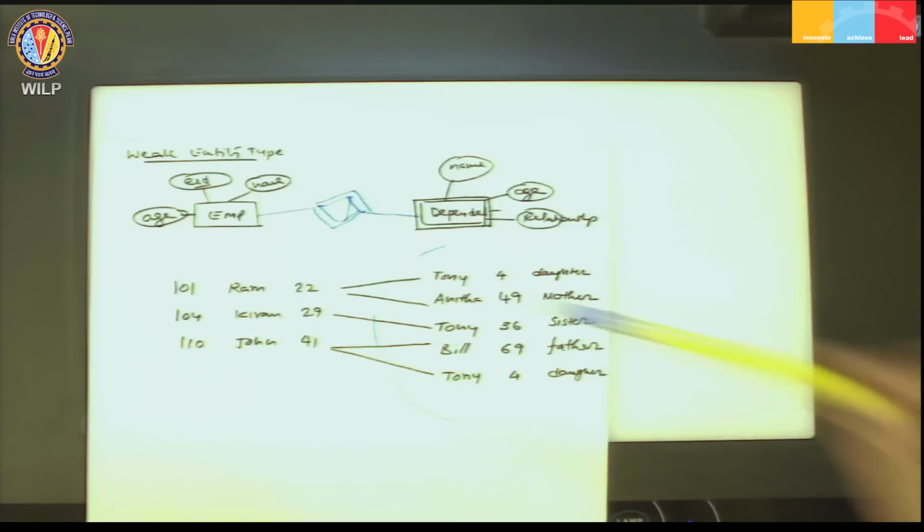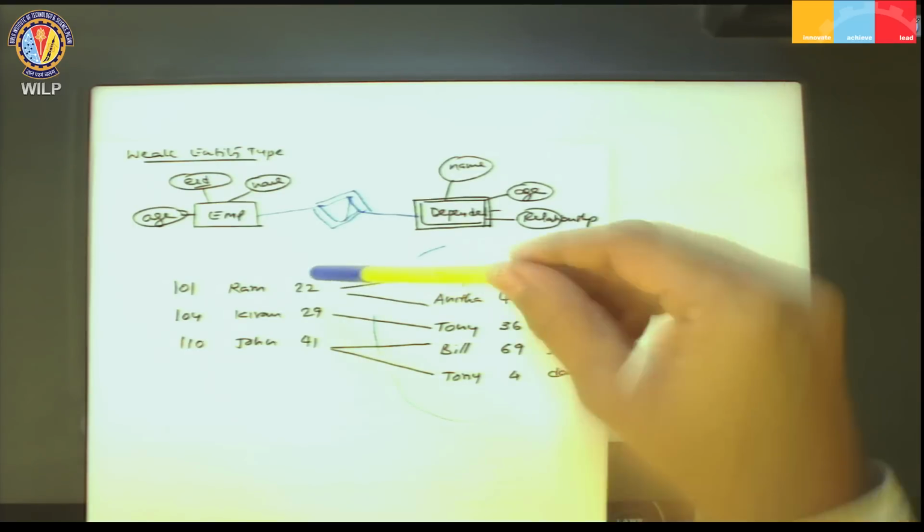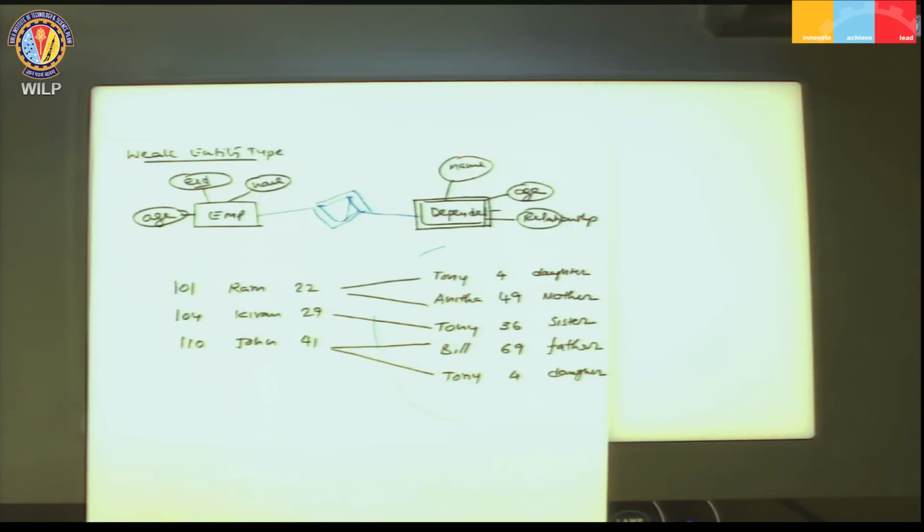Here the rule says, what can become the primary key for the dependent? The employee ID along with the name of the dependent can provide unique identification for the entities in the weak entity type or weak entity set. For example, 101 and name Tony, because 101 is a specific employee and he cannot have multiple dependents with the same name.